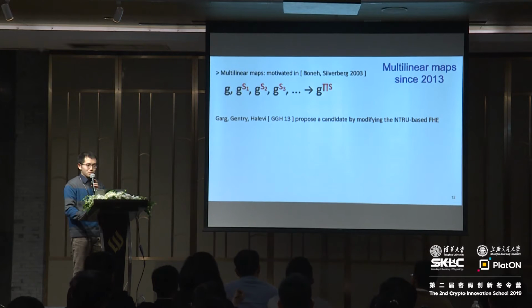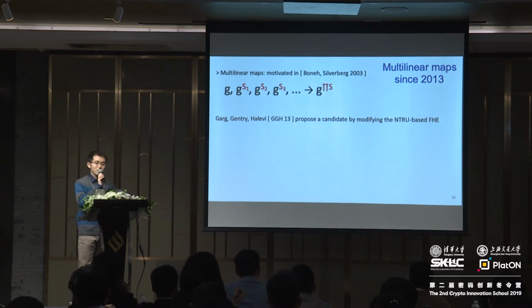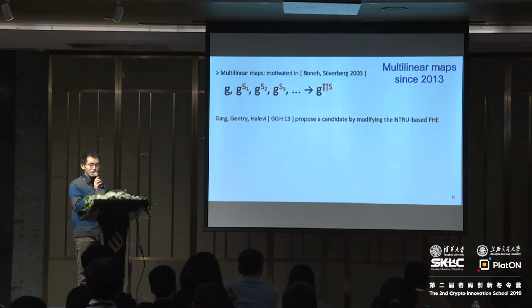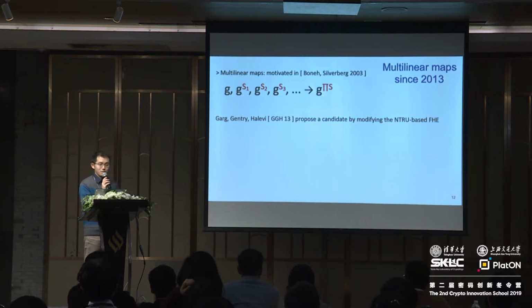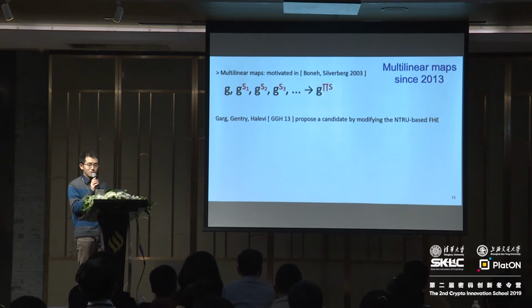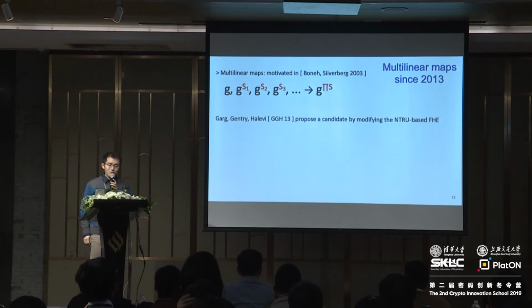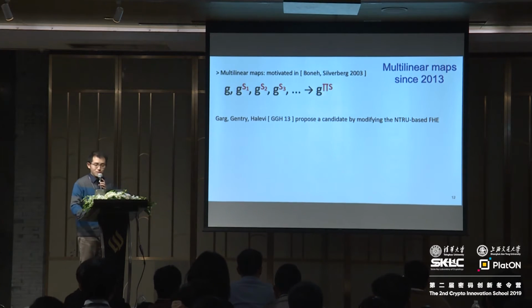So the concept of multilinear map was proposed in 2003, but the first candidate proposal of such a multilinear map was actually given by Garg, Gentry, and Halevi in 2013. It's actually a modification of, at least the way I look at it, the NTRU-based fully homomorphic encryption scheme.